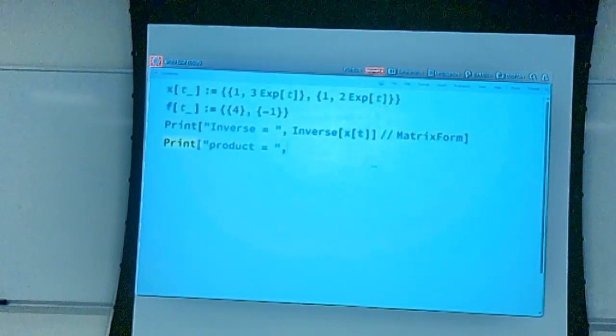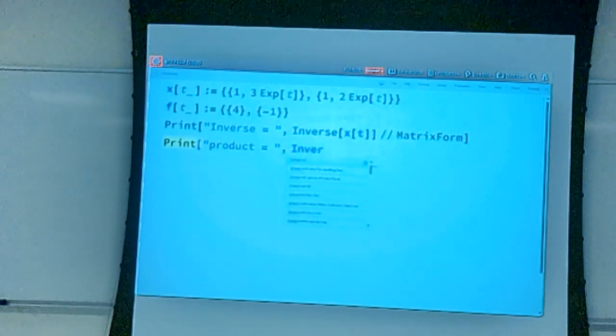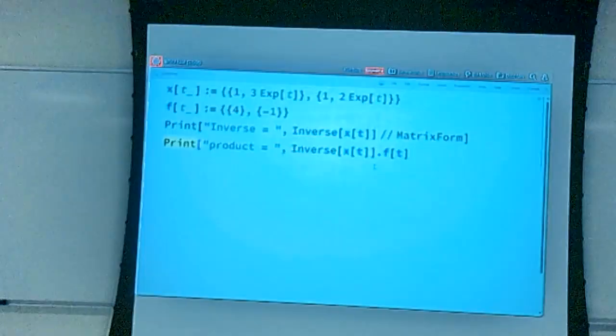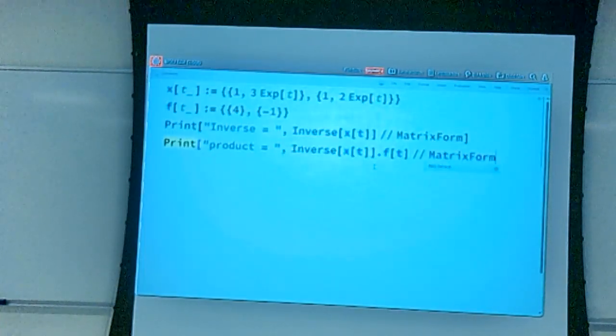Now the product. Remember we want to anti-differentiate the inverse times f, right? Inverse dot f. And again, I want that in matrix form. The period represents matrix product. You could also just use the dot command. I find the period to be easier.